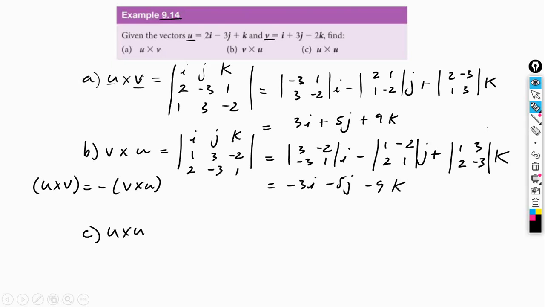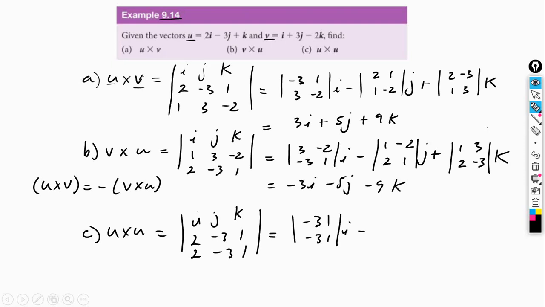That is the cross product of a vector with itself. So here we are going to get i, j, k, and then we have to write the components of vector u two times: 2, -3, and 1, and then 2, -3, and 1. And then here we're going to get something interesting. We're going to get -3 and 1, -3 and 1, and this times i, minus 2, 1, 2, 1, and this times j, plus 2, -3, 2, -3 for k.